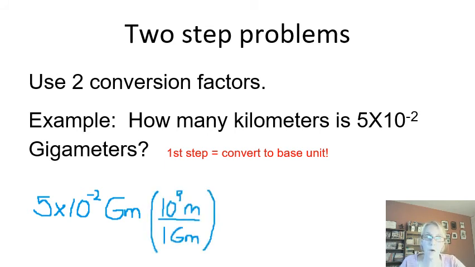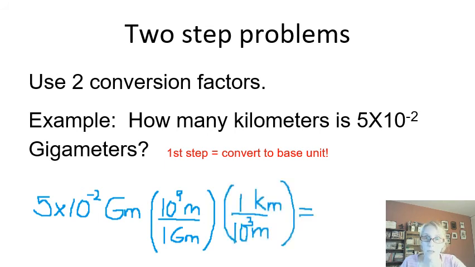So gigameters is 10 to the 9th. So 1 gigameter is 10 to the 9th meters. The gigameters cross out, and we're left with meters. Now our next step is we got to figure out how to get kilometers. So now we convert meters to kilometers, and we know that 1 kilometer is 10 to the 3 meters.